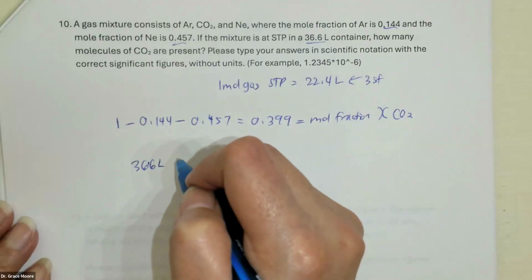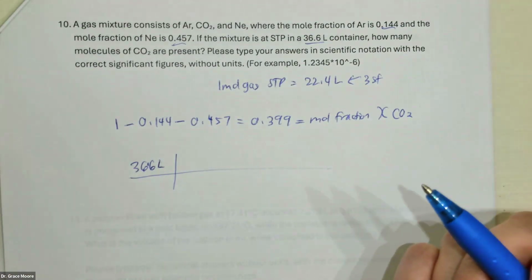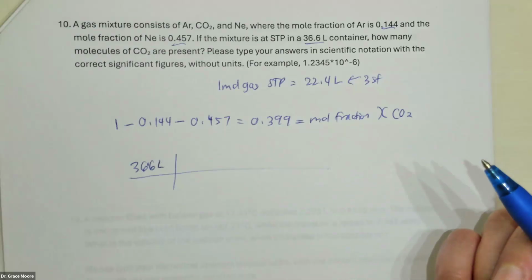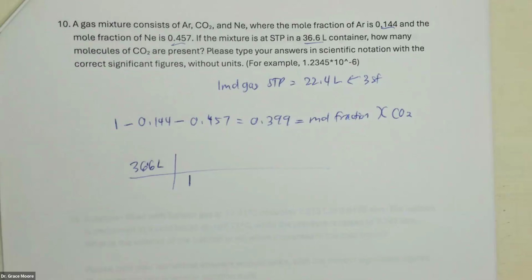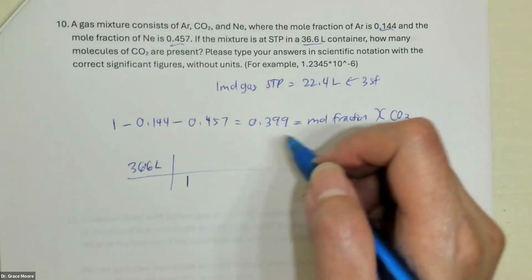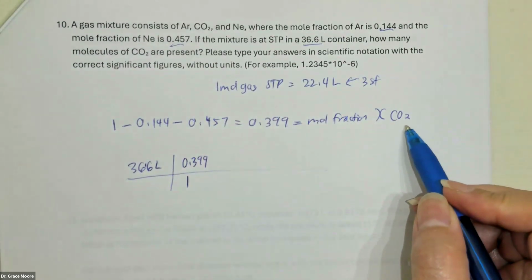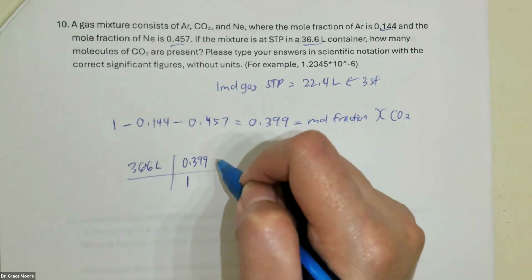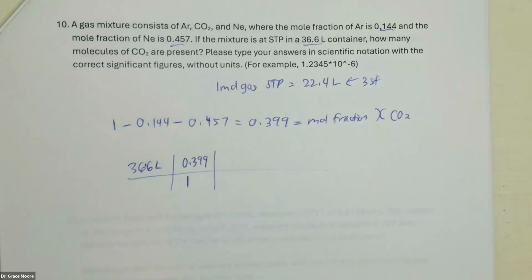Okay. And then you go, okay, that's for the total of all the gases, right? That's for the total of all the gases, which is 1. And the portion that we're interested in is 0.399 because we're interested in CO2. So now I can essentially get the volume that the CO2 technically takes up, okay?